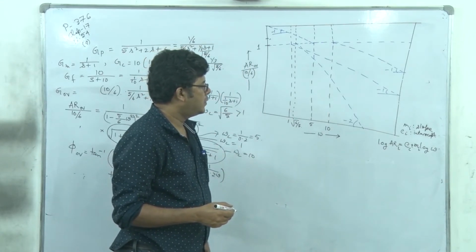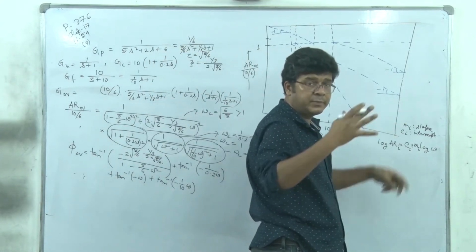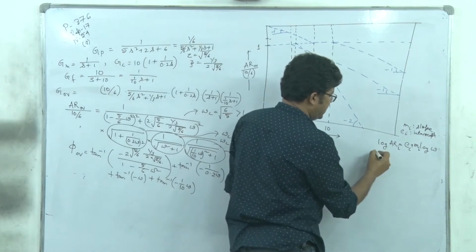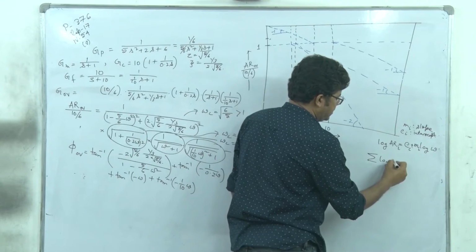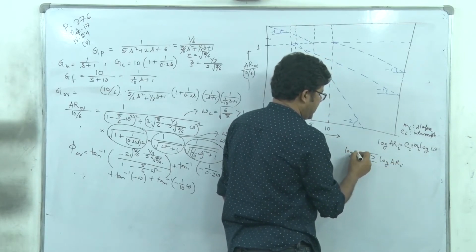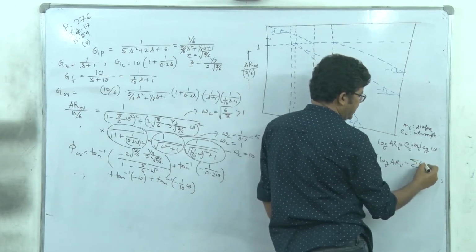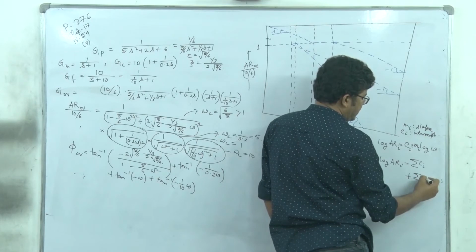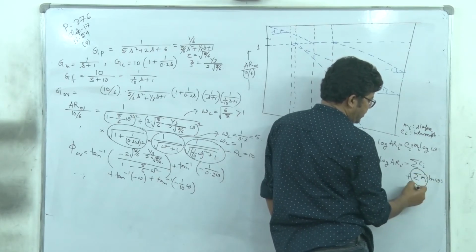Right? So you see that if I am superimposing the different AR, we get what? Log of AR over R, and that will be equal to summation of Ci plus summation of Mi log of omega. And this part is very important.